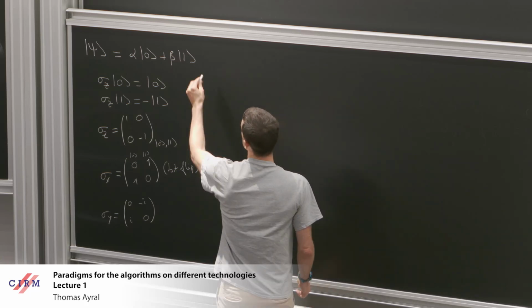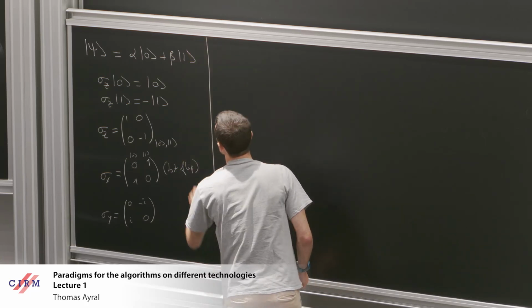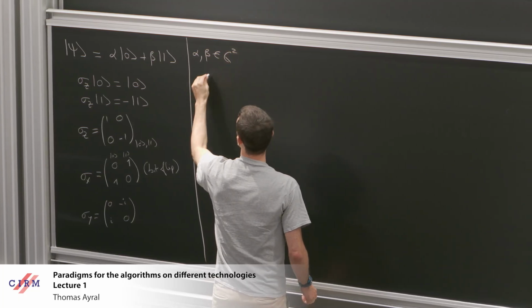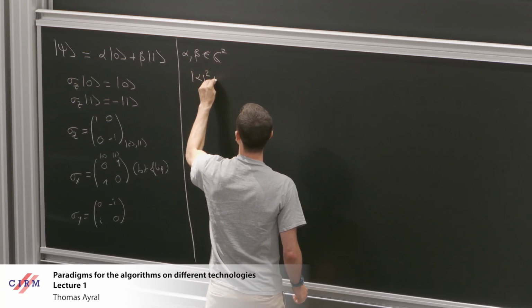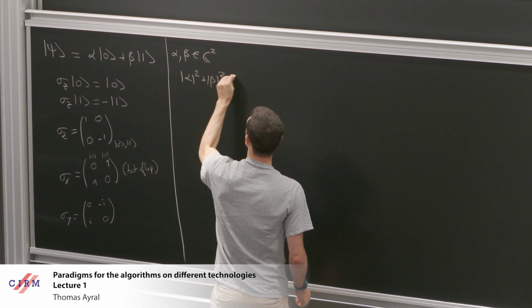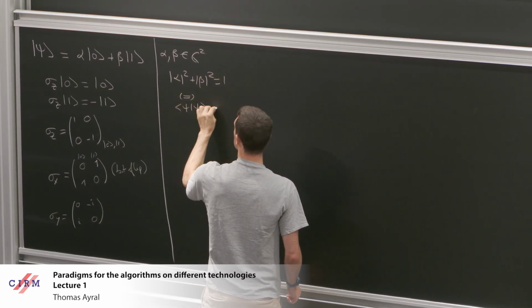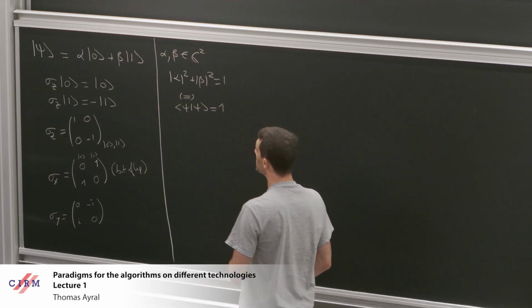And here, we need to add a constraint on these coefficients. So alpha and beta are complex numbers, such that their modulus squares sum to 1. Why? Because we want to ensure that the wave function is always normalized. Okay?